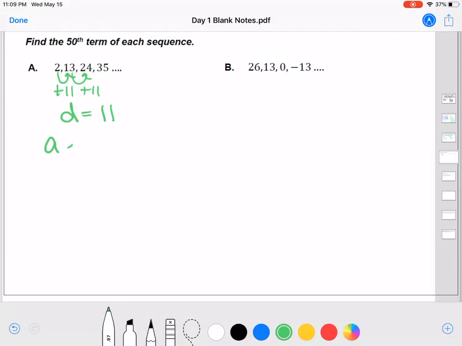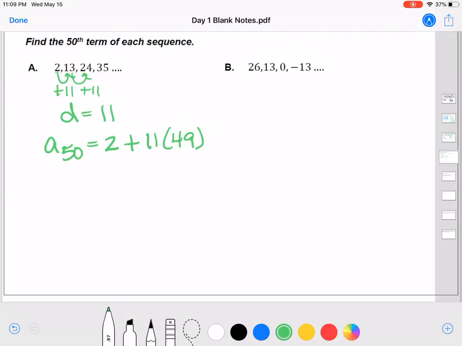So if I wanted the 50th term, and I'm starting with the first term being 2, and I keep adding 11, how many times would I have to add 11 to get to the 50th term? Well, I'm already at the first term of 2, so I would have to add 11 49 more times.